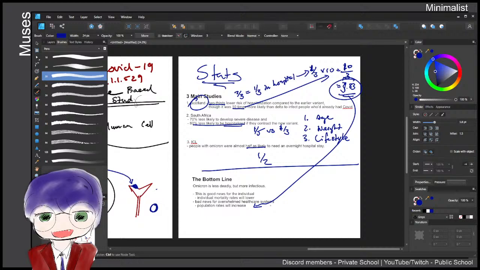Essentially, if we use the Scottish numbers as a representation of a slightly less healthy, more sedentary and fatter population, and if we project that onto, say, America, we might see a threefold increase in hospitalizations, even though per capita infection, out of those that are infected, more people might recover, but the absolute number of people that are dying might increase still. And that is, unfortunately, beyond our control, right?